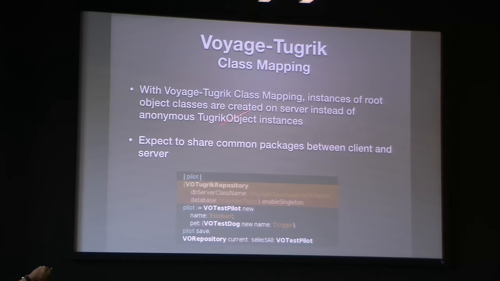And that's done by basically saying the DB server class name should be the class mapping DB server. So you're basically swapping out a class on the server, and it has different behavior. So again, assuming that we've got packages loaded on the client and the server, with the definitions for pilot and test dog.